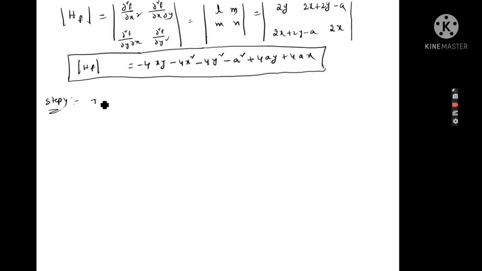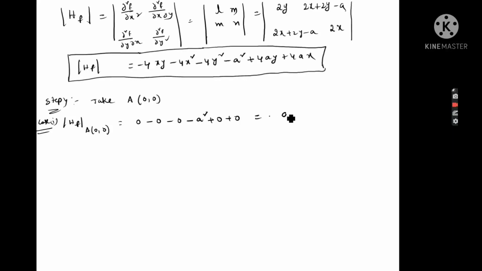So now first point, take the first ordered pair a, 0 comma 0. Now HF at this, so this is case 1. So x value is 0, y value is 0. Now substitute here: minus 4 into 0 into 0, 0, 0, minus a square plus 0 plus 0.